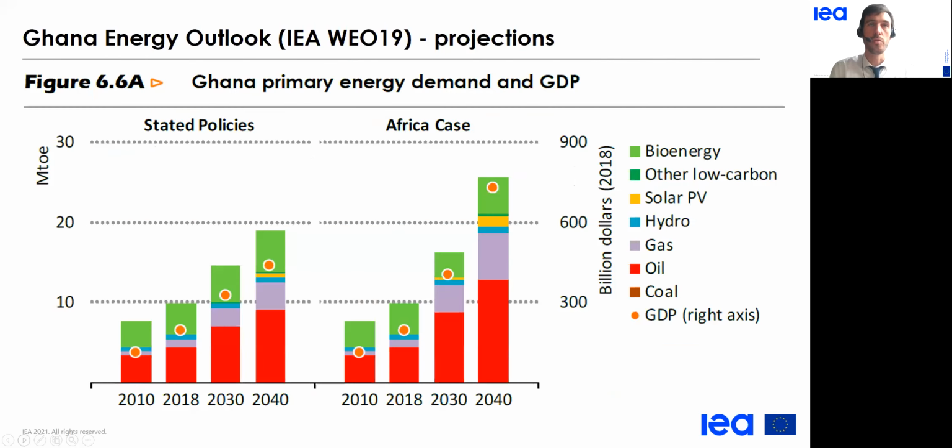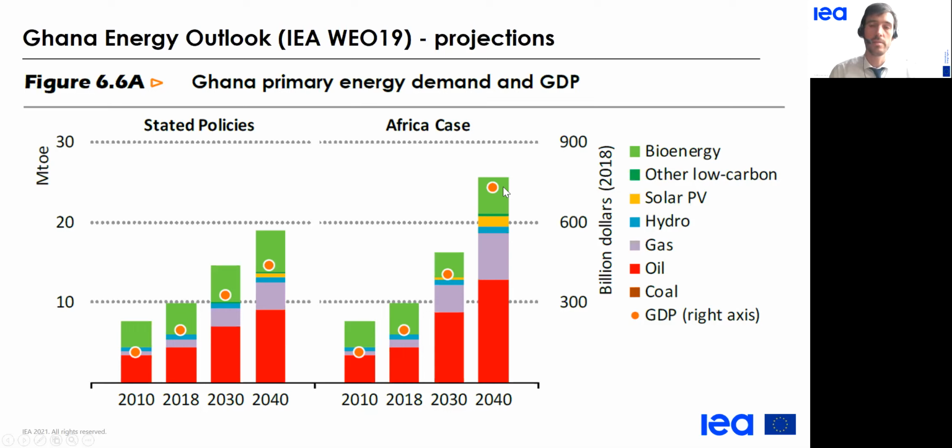Just to show you a few results on what, according to those different scenarios, the primary energy demand of Ghana would look like in the future. Depending on the scenario, it's not the same because the underlying hypotheses are not the same. The Africa Case is taking as input hypothesis a higher GDP.